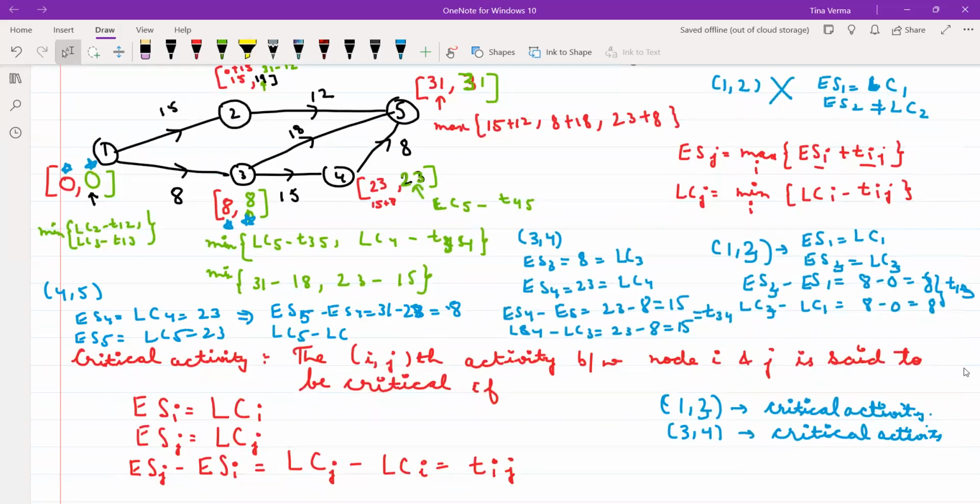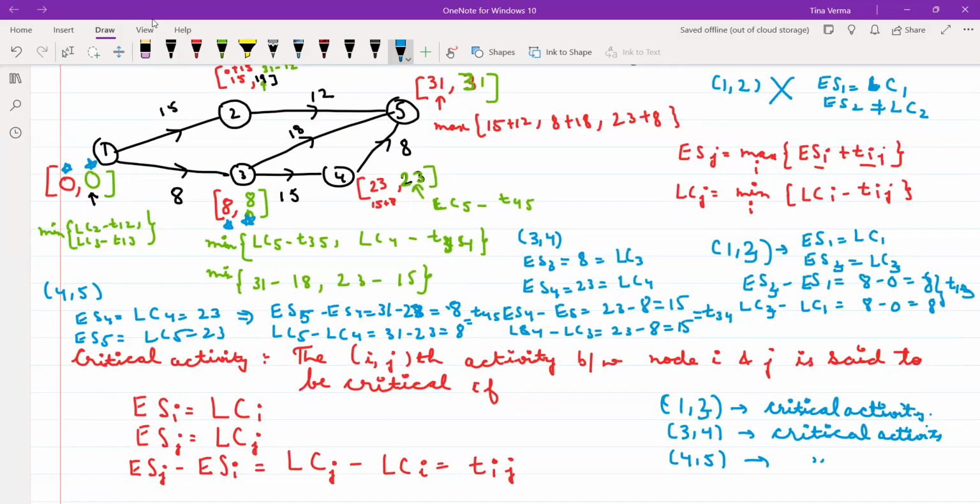LC5 minus LC4, that is 31 minus 23, which is also equal to 8, and this is equal to the time between 4 and 5. That means my 4-5 activity is also my critical activity.